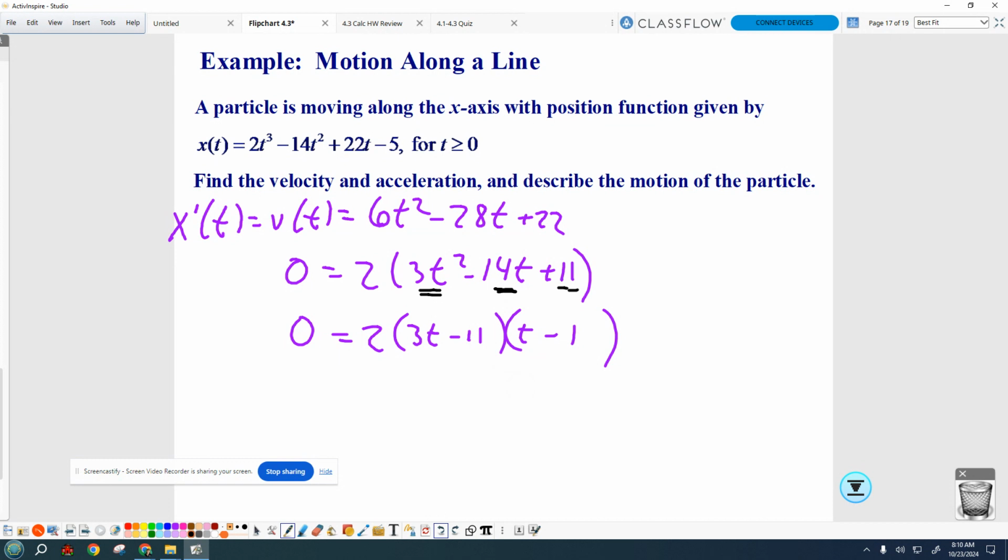Then critical points are where, Michael? t equals 11 over 3, sorry, t. Yeah. That's a thing on the test. People were like, oh, well, I found t, that's x. No. Telling you in 1 second your position is 1 is not right.